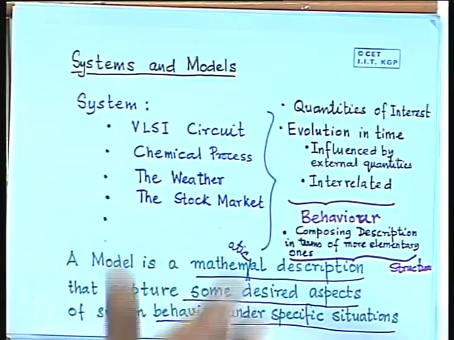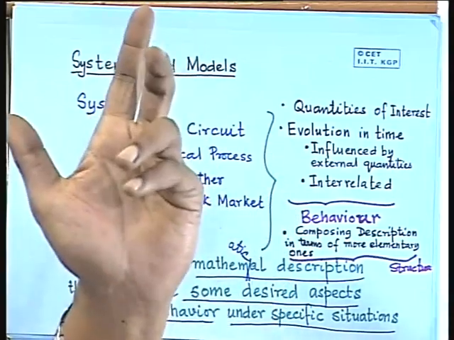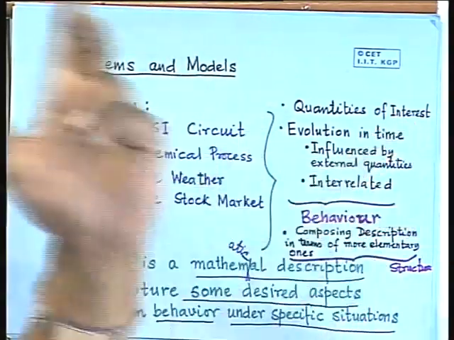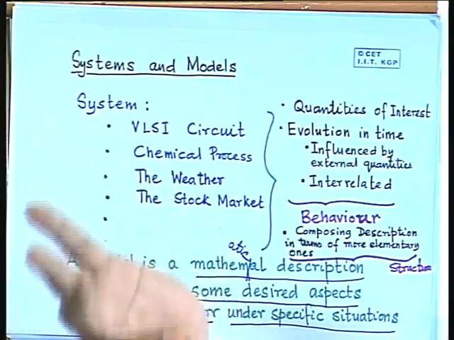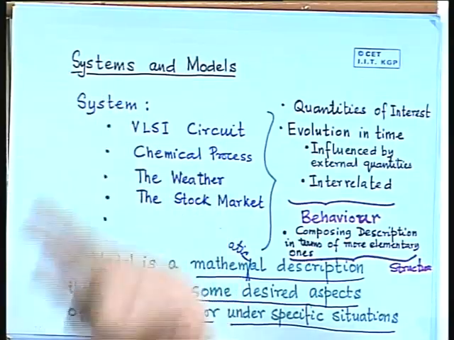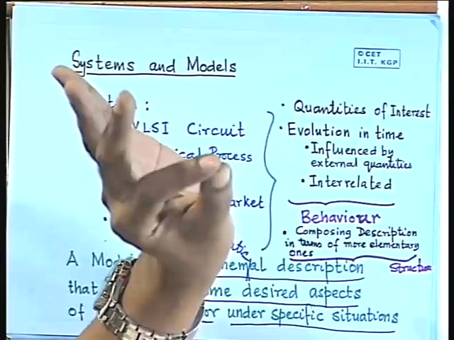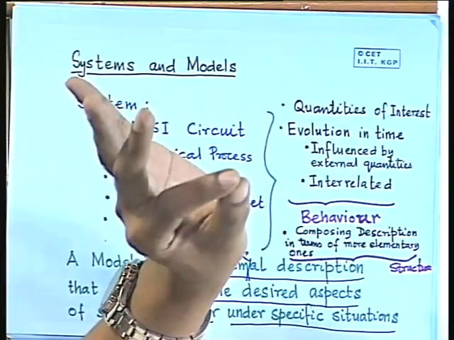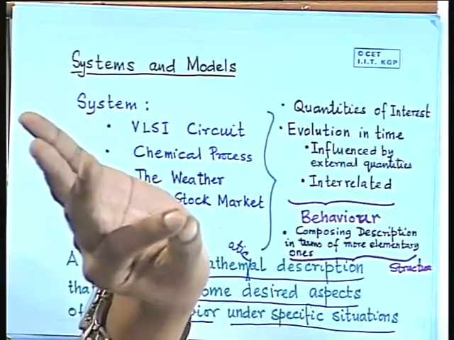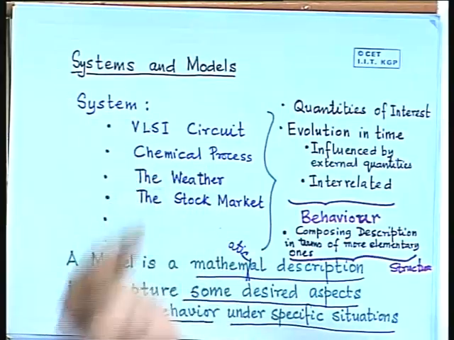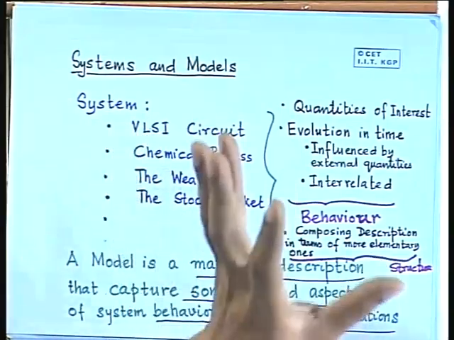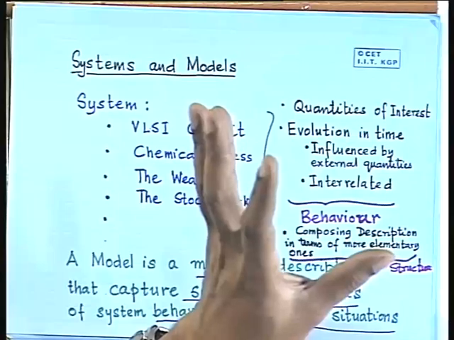If you are interested in power loss for some reason, you will model it. If you are not interested in power loss, you will not model it. So you only model those aspects which are of your interest, and you model them under the situations that you are likely to encounter in your goal. In a sense, a model is a partial description of behavior. It is not a total description, right?